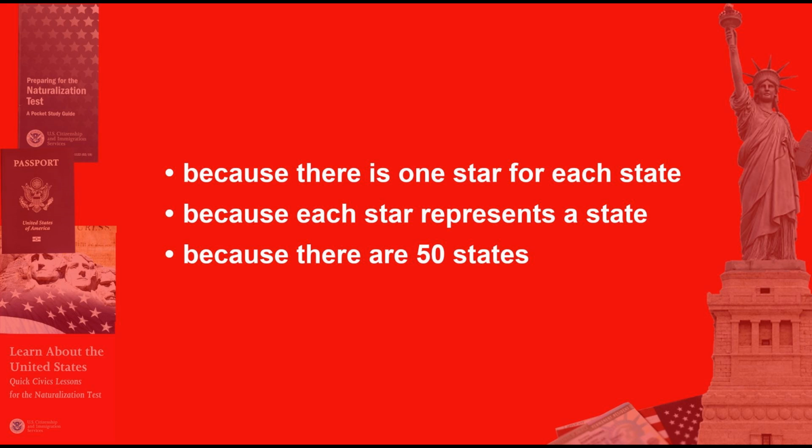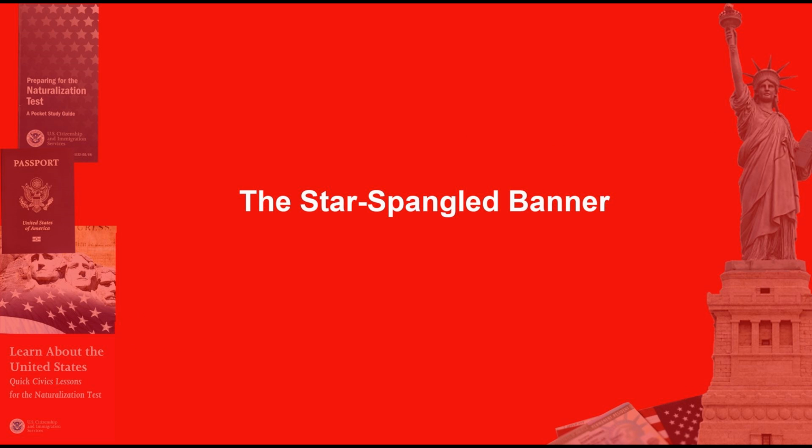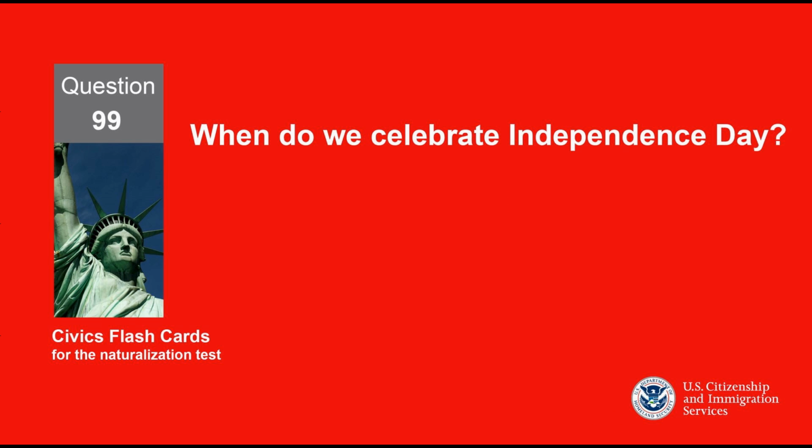Because each star represents a state. Because there are 50 states. What is the name of the national anthem? The Star-Spangled Banner. When do we celebrate Independence Day? July 4.